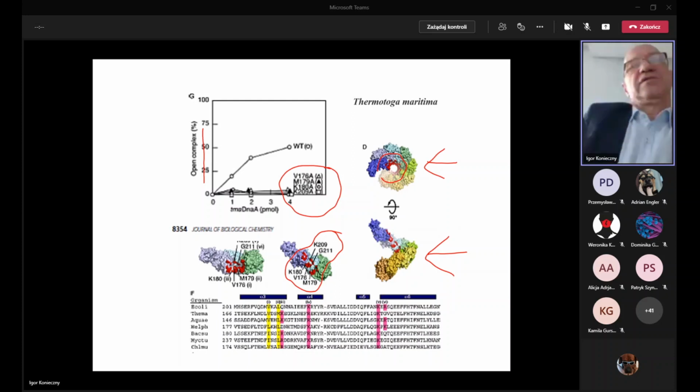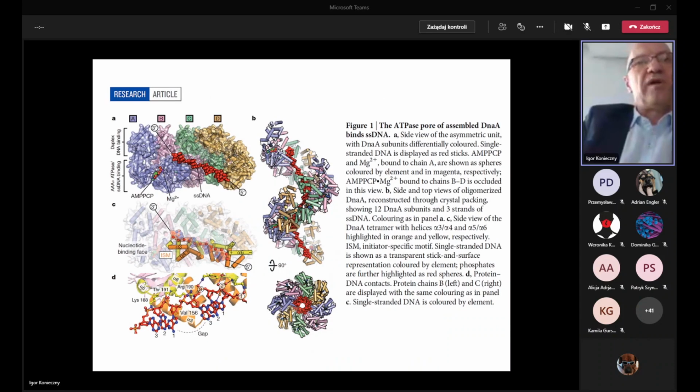So specific amino acids in each protomer of DnaA face the DNA, and this interaction is important for the open complex formation, and this ATPase pore of the assembled DnaA binds single-stranded DNA.